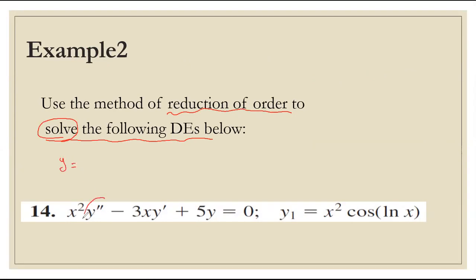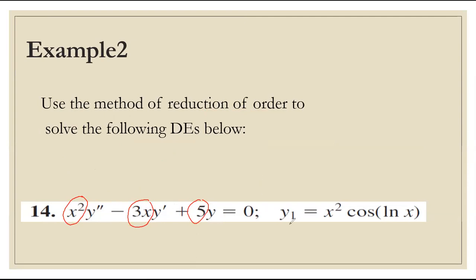And always, because your differential equation is of second order, your general solution must contain two constants. Now, let me look at my equation. Unfortunately, my equation has non-constant coefficients, so you can't use the auxiliary technique, and you must use the reduction of order if you have one solution.